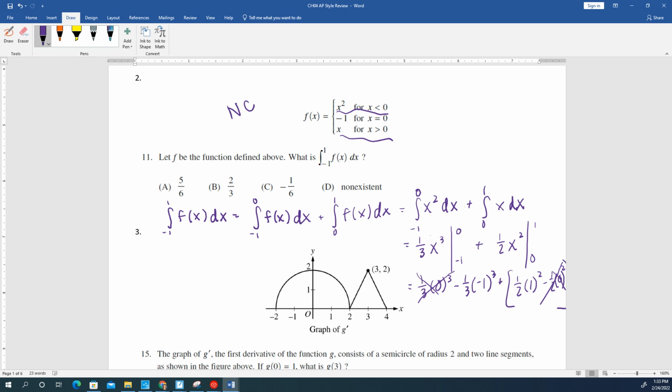So here I have positive 1/3 plus 1/2, which would give me 5/6 if you made common denominators: 2/6 and 3/6. So 5/6, A. Okay, not bad. Good antiderivative practice there.